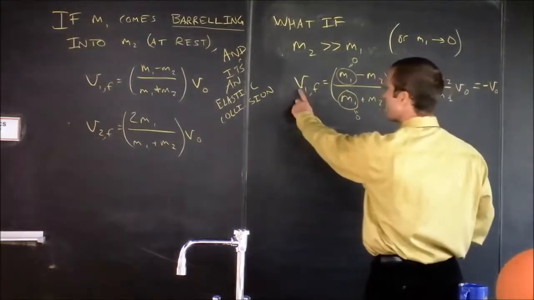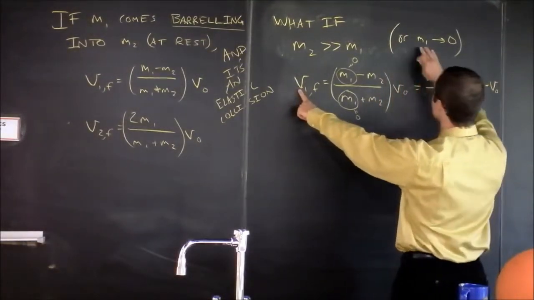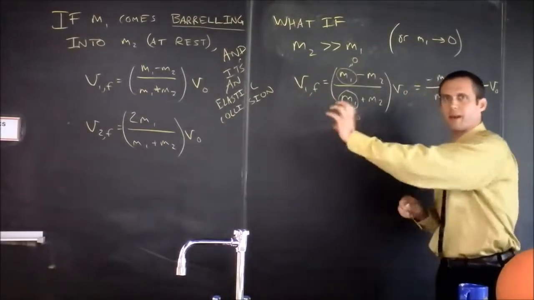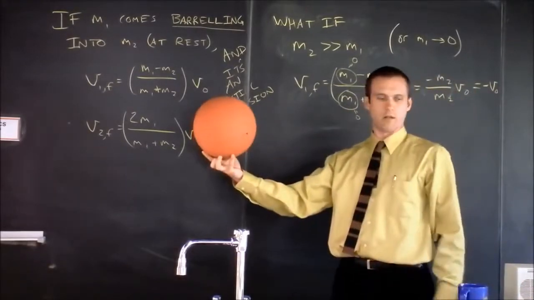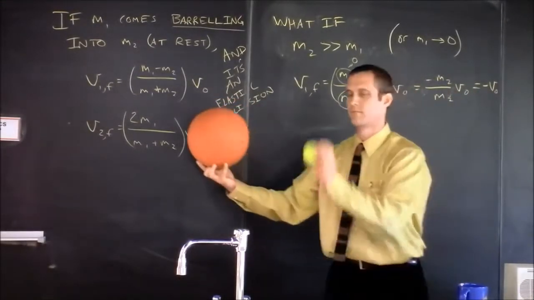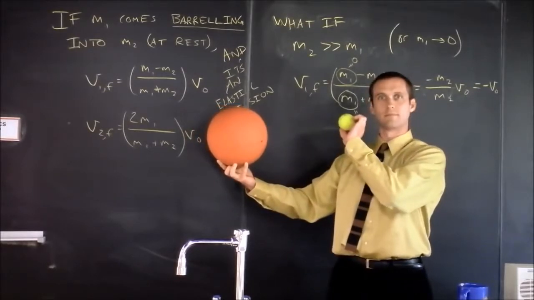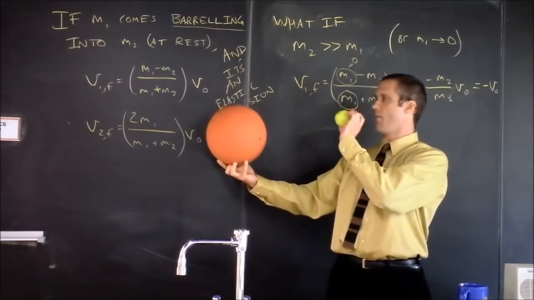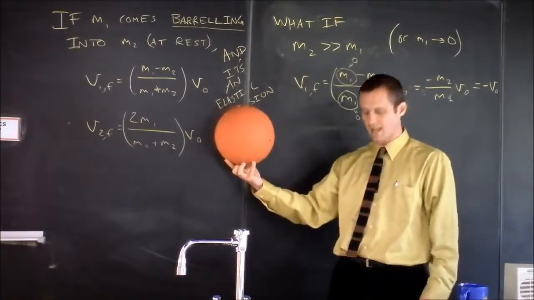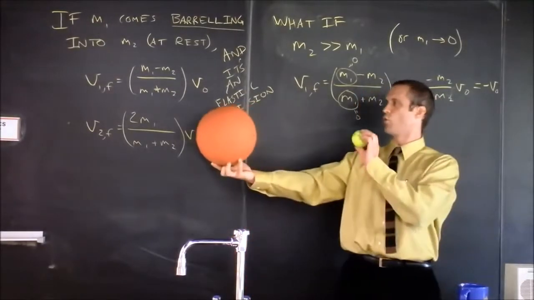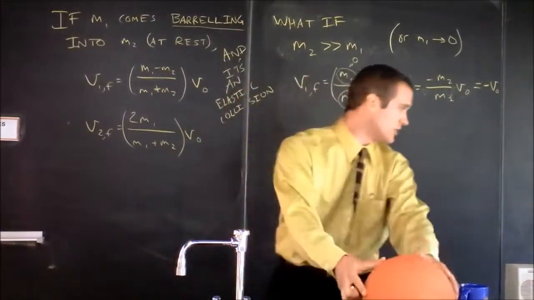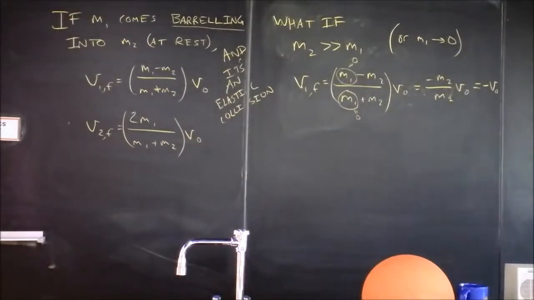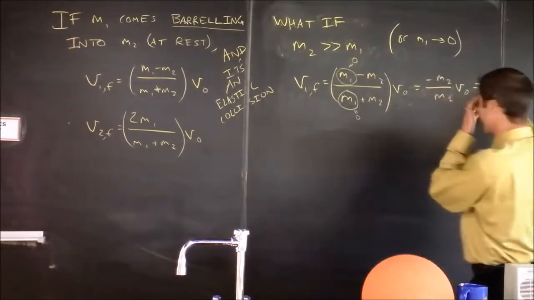That says that the final velocity of this thing with extremely small mass, it came up and it hit m2. m2 is honking. m2 is a basketball, and m1 is a tennis ball. And m1 comes in, it goes boop, comes back with the same speed as that with which it left. The basketball changes its velocity just a very tiny bit, and the tennis ball changes its velocity quite a bit, and we get this relationship where that's negative v naught.